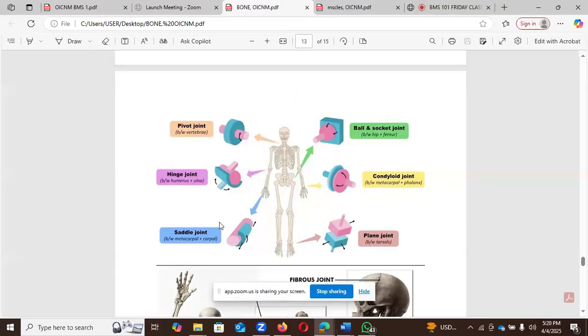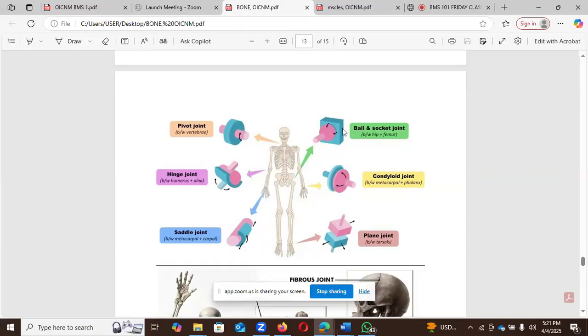This is the saddle joint. You can find it in your carpal and metacarpal of the hand.